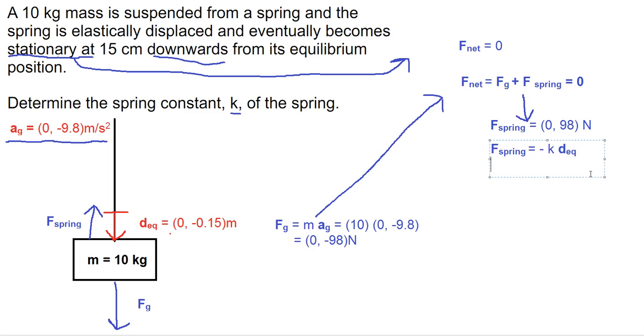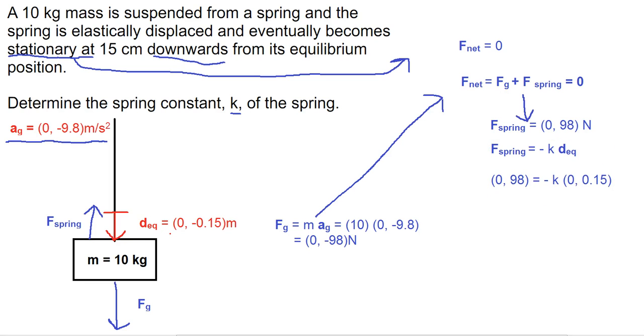If you plug in what we have here, I know that the force of the spring is 0 and 98 newtons in the y, and this must be equal to negative k times 0, 0.15 meters in the y. So this is the equation that I need to use in order to get to k. This one down here at the bottom.